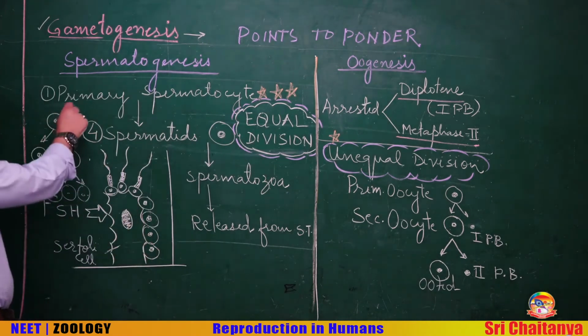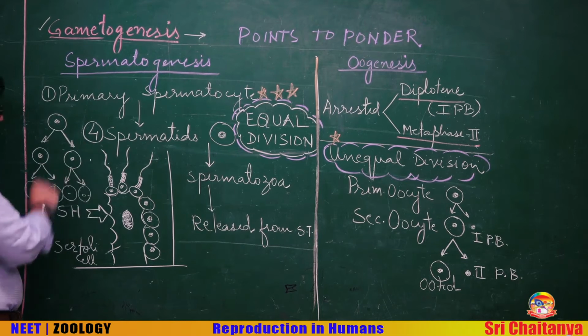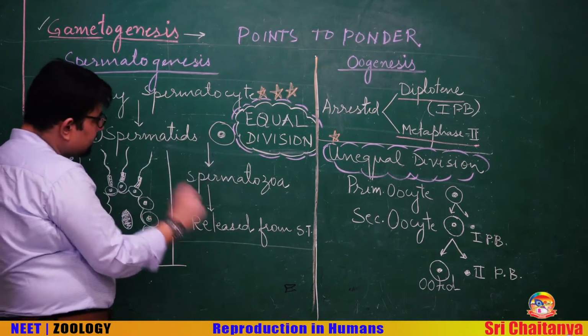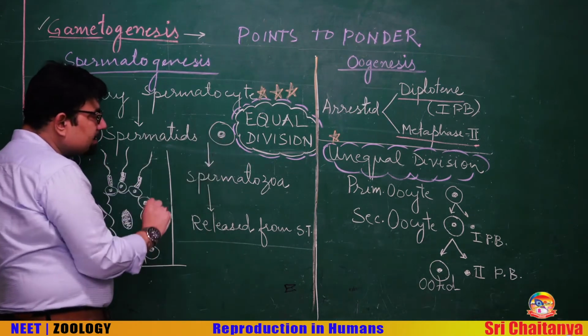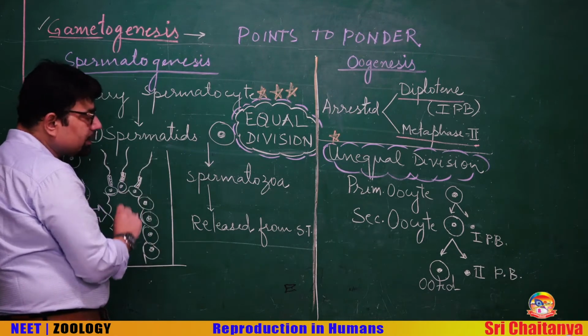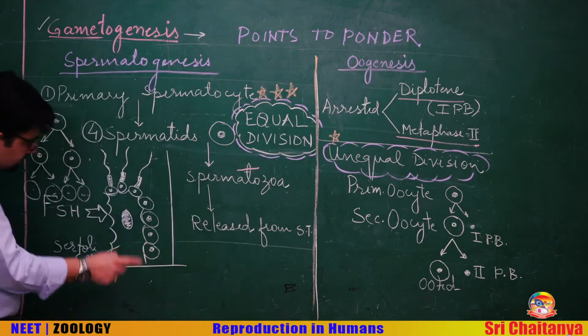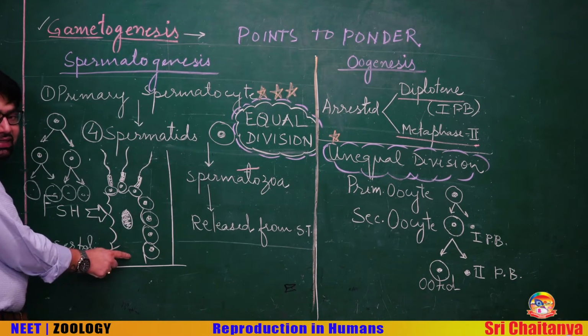So, one primary spermatocyte gives rise to 4 spermatids. It's an equal division, and now some points to ponder. This spermatid is immature and undifferentiated. It differentiates while it is still connected to the nurse cell, the Sertoli cell.